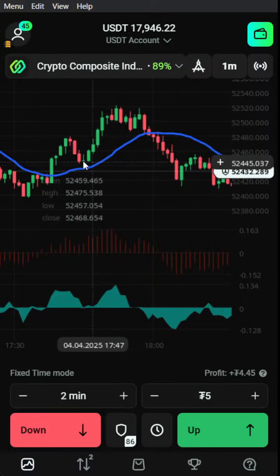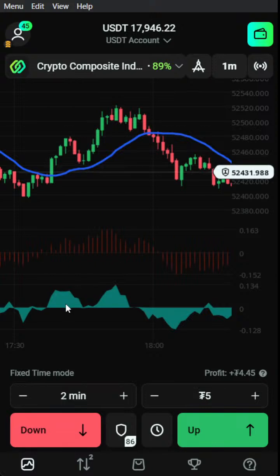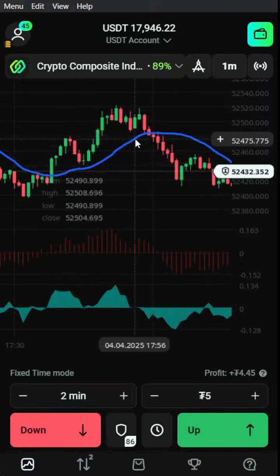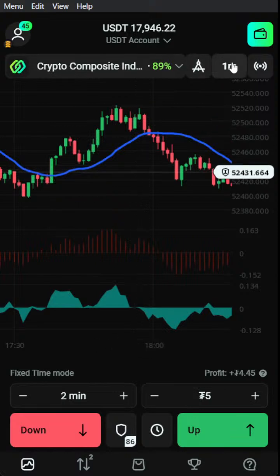If ROC 14 and ROC 7 are above the zero line and the color of the candle is green, you will make a 2 to 3 minutes up trade. Now why 2 to 3 minutes? Because the graph time is 1 minute, the trade time has to be double or triple of the graph time. So that is why we will focus on the 2 to 3 minutes window.